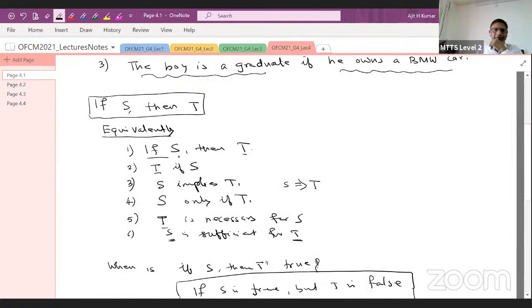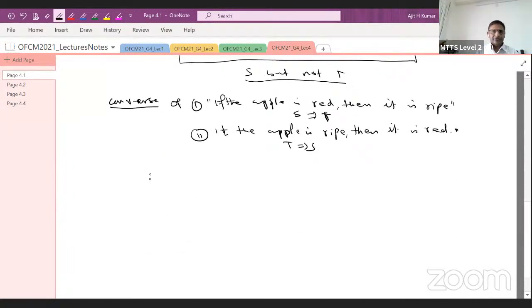If you have a statement like this, if S then T, this means that T is necessary for S and S is sufficient for T. So we can write S implies T, T implies S, or S if and only if T. Generally we write this as IFF, or if and only if.